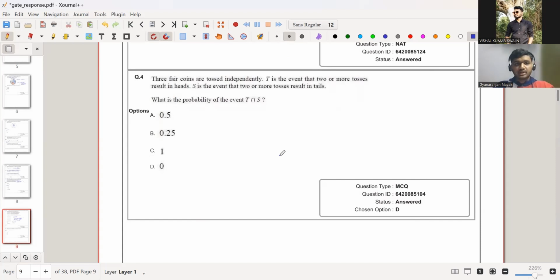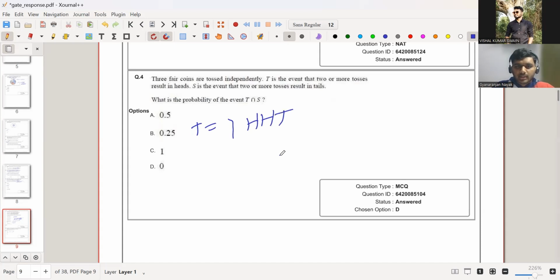So we will here calculate T, meaning two or more tosses result in head. Okay, so three coins, two or more. Suppose T is given as two or more tosses result in head. So here minimum two heads is compulsory.